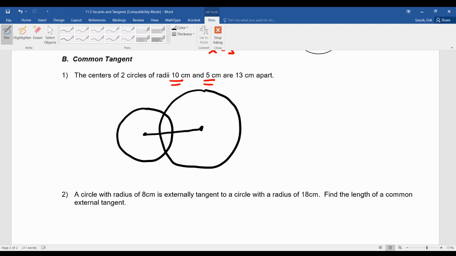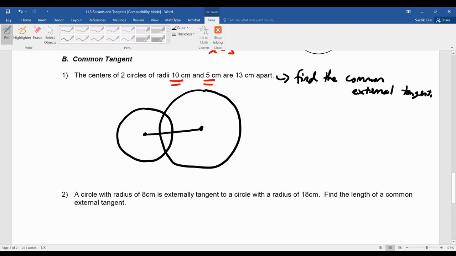Now you really got to be paying attention here. The question's actually missing here. I don't know what happened there. The question should say find the common external tangent.